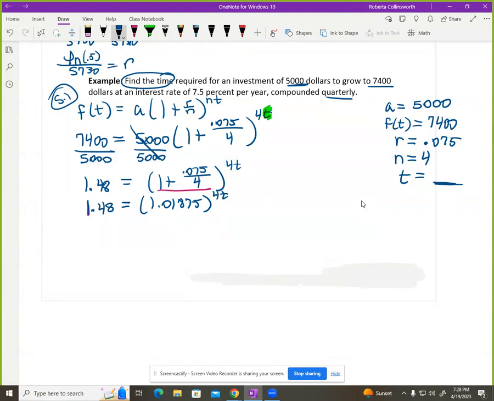Now I have to think of this as the problems that we previously solved, and I need to take the ln of both sides, or I could turn this into the Snell method. So I'm just going to ln both sides because it's really easier with all these decimal numbers and these word problems.